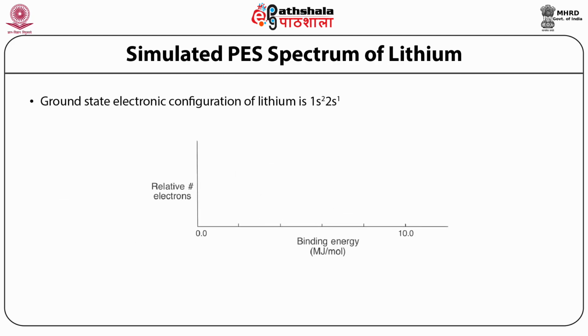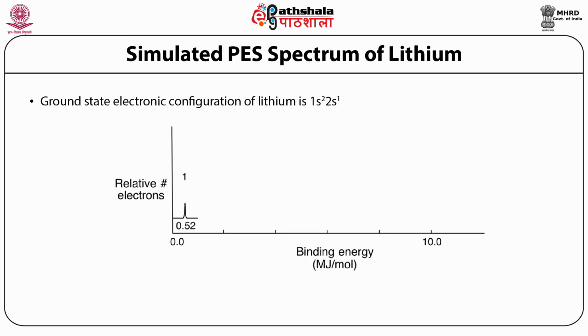Talks about the simulated PES spectrum of lithium. The example taken here is that of lithium, which has 2 electrons in the first s sublevel and 1 electron in the second s sublevel. So the ground state electronic configuration of lithium is 1s2 2s1, which is indicated in this slide.